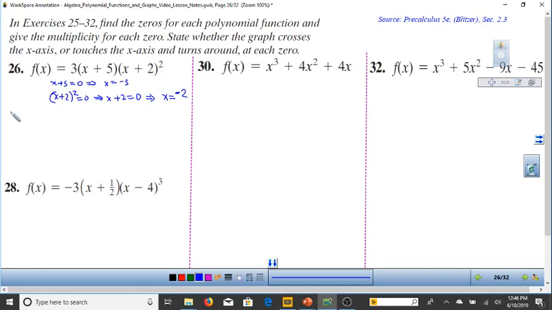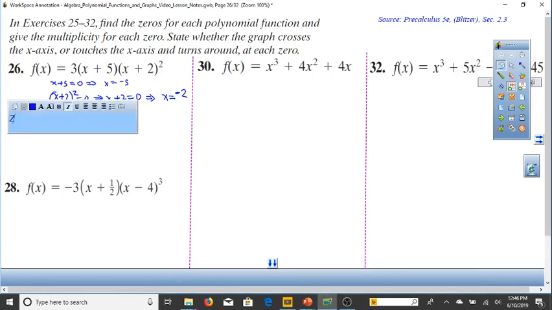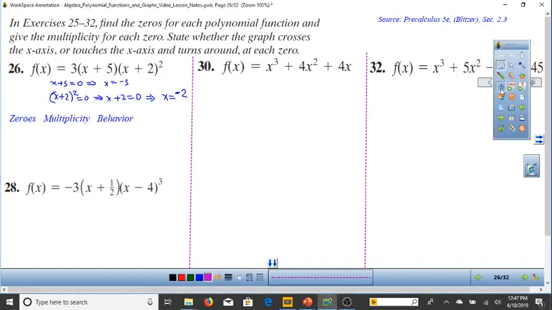So I'm going to do a little table thing here. Let me just type this little section up so that we can see what's going to be put right here. I'm going to put a little box for my zeros, and then multiplicity, and then behavior. And then we will do a little sketch on a little grid to see what the behavior is.